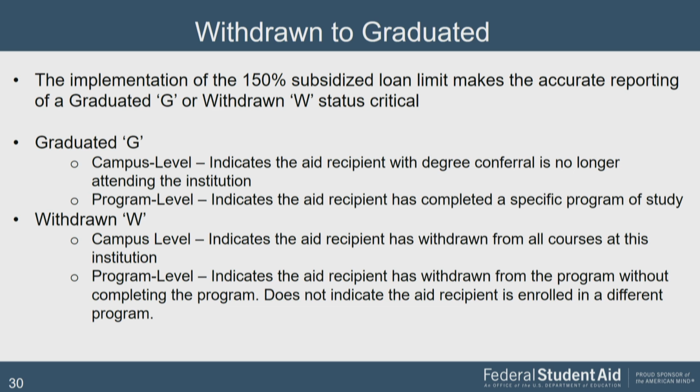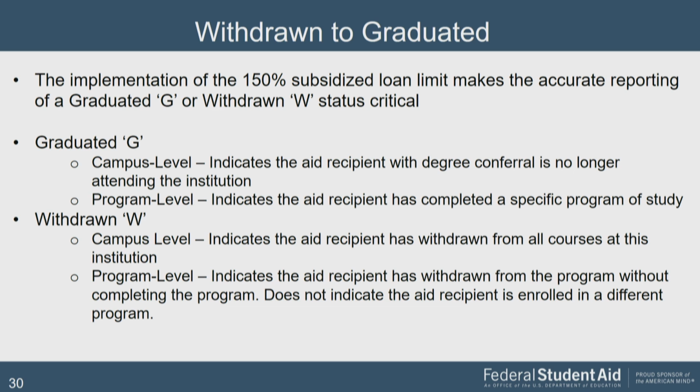So just a quick recap. In NSLDS, a G at the campus level should only be used when you have an aid recipient with a degree conferral who is no longer attending the institution. At the program level, the G should only be used when you have an aid recipient who has completed a specific program of study.